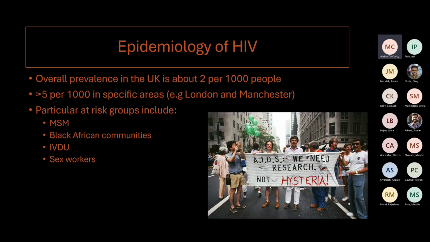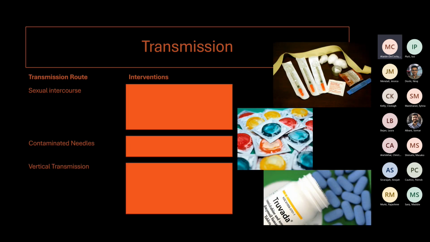Good. And don't forget those who solicit and are also sex workers as well are at risk. So these are important groups that you need to keep in mind when you're taking a history from a patient, okay? But good, well done, you remember.